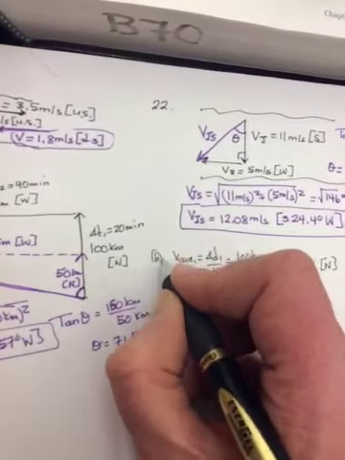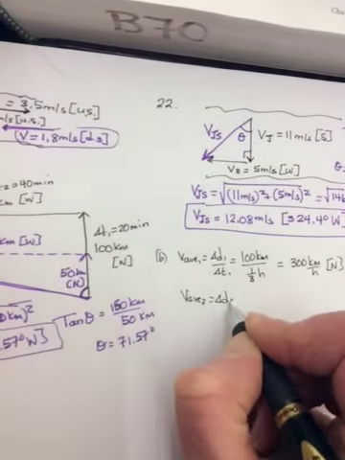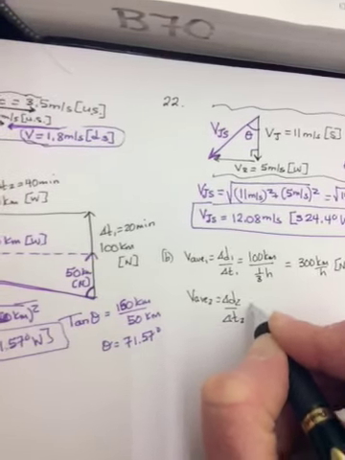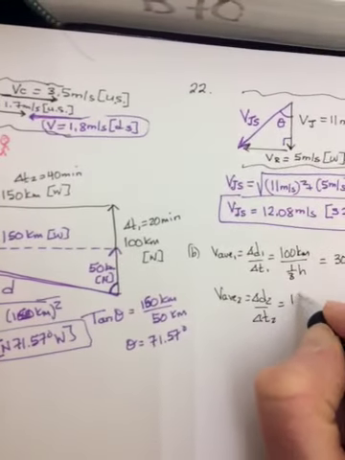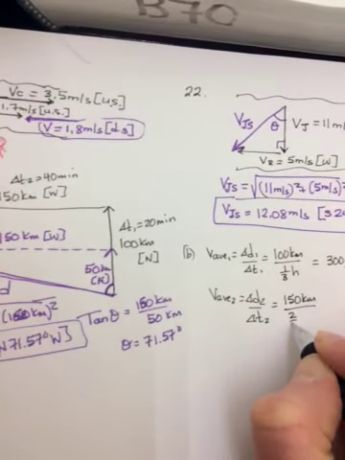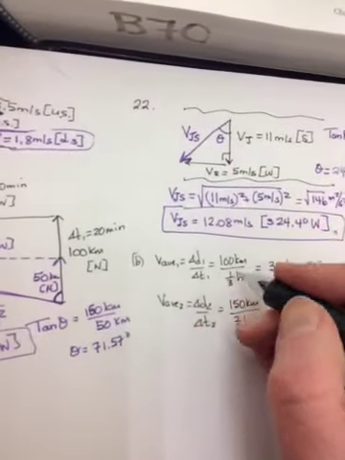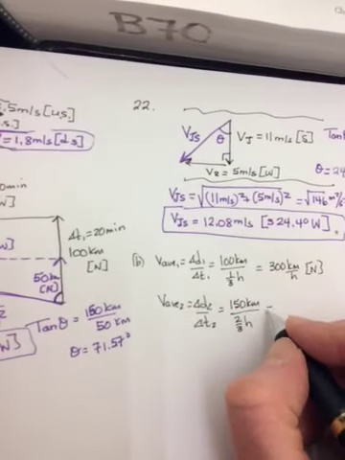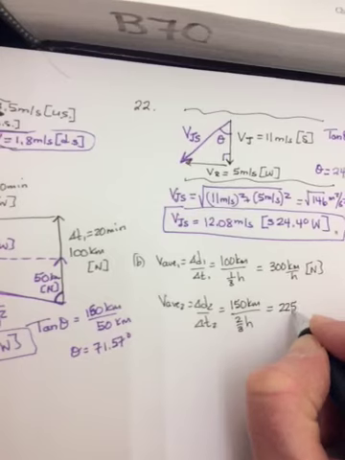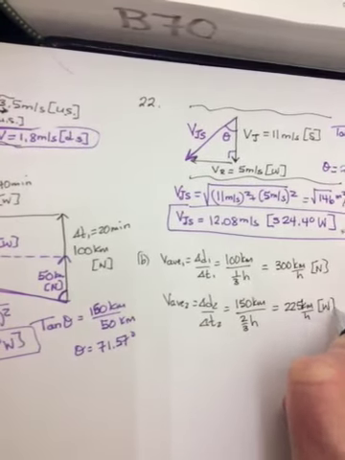So this is part B. VAV2, delta D2 over delta T2, is 150 kilometers over 40 minutes, which is 2/3 of an hour. And I'm using the fractions because the decimals are repeating. Flip it, make it 450, divide. So this is 225 kilometers per hour, and it was west.